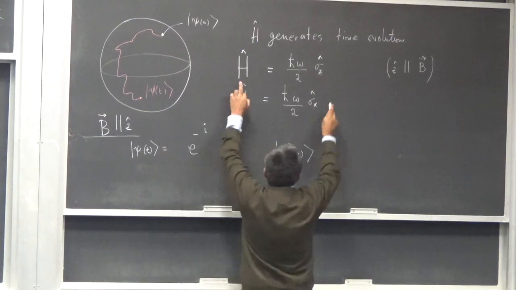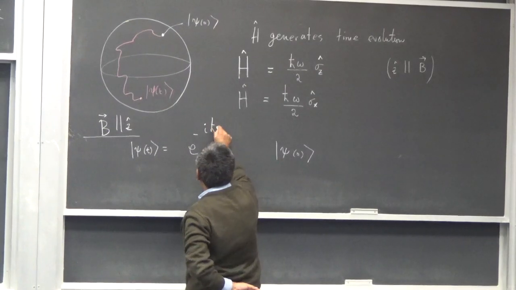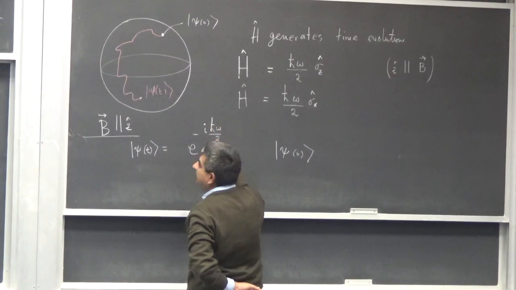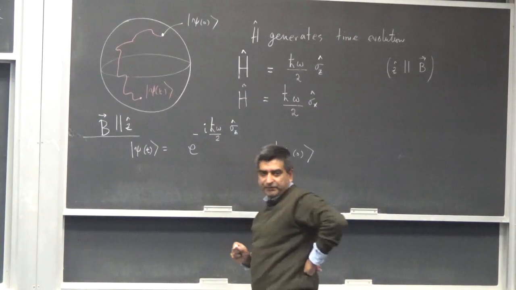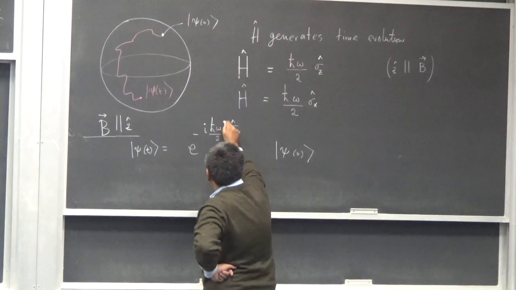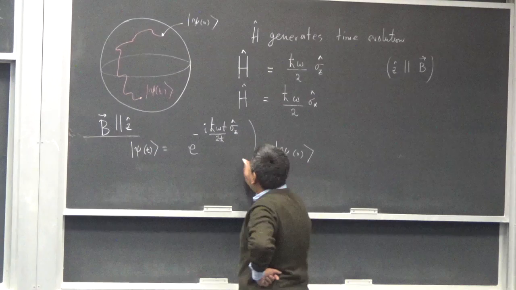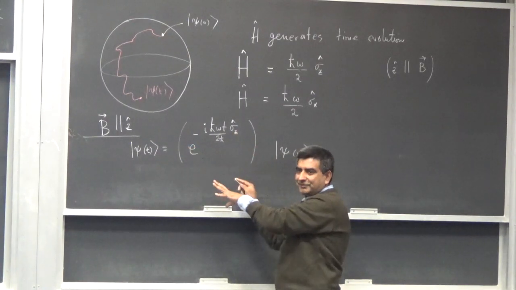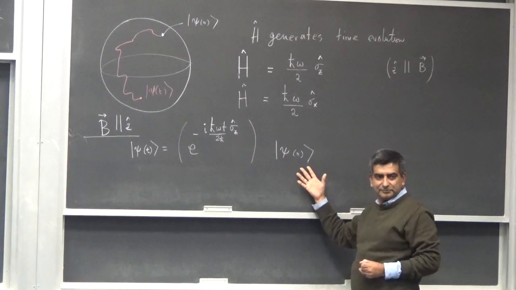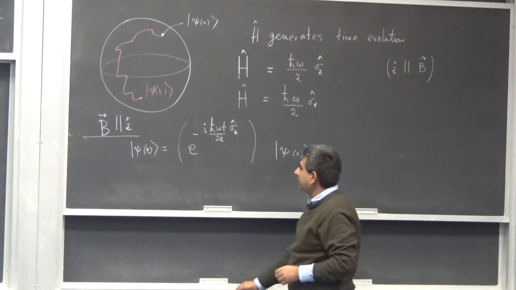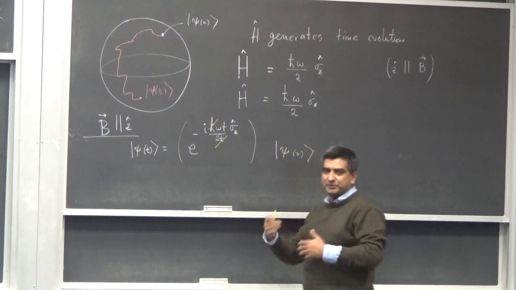H, so this is my Hamiltonian here because the field is in the z direction. h bar omega over 2 sigma z, which is a matrix. I want to put time here as well. Put an h bar here. So now I have a matrix operator acting on a quantum state. And if I were to do some nice cancellation, this h bar just goes away.